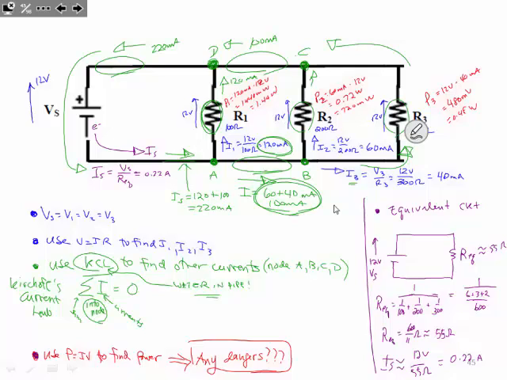Does this work? Let's just try it out on node A. The sum of the currents into node A should equal 0. What currents are going into A? I've got 220 milliamps going in. What else do I have going in? Nothing else. I've got stuff coming out.